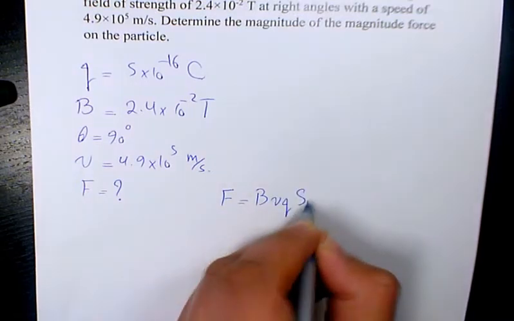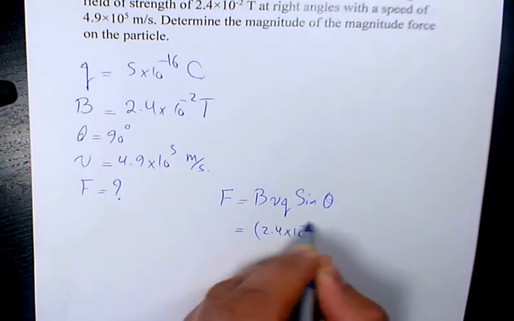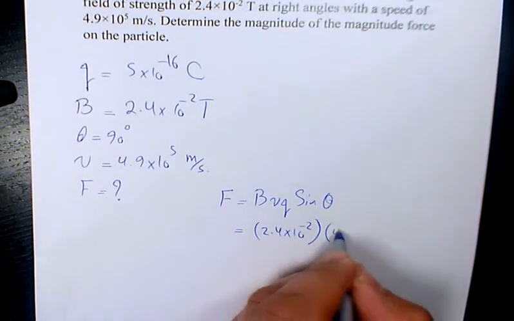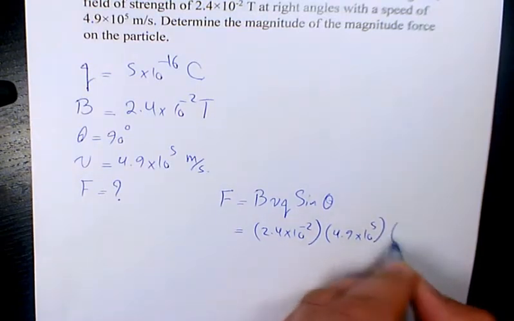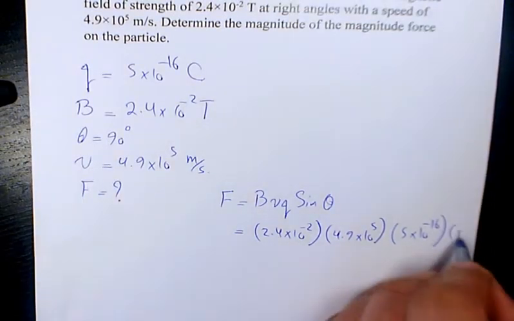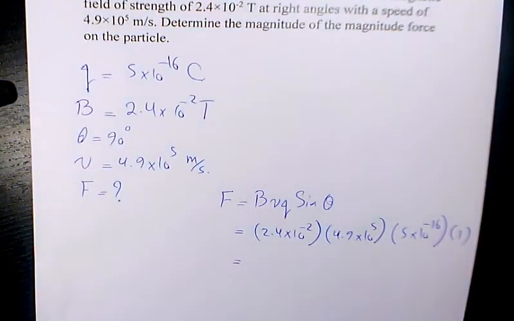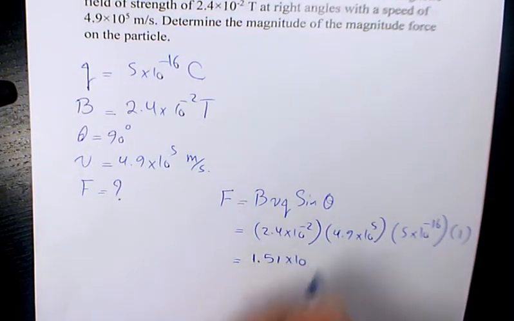So F will be BVQ sine theta. That's 2.4 times 10 to the power of negative 2, V is 4.9 times 10 to the power of 5, Q is 5 times 10 to the power of negative 16, times sine 90, which is 1. So 2.4 times 10 to the power of negative 2 times 4.9 times 10 to the power of 5 times 5 times 10 to the power of negative 16.